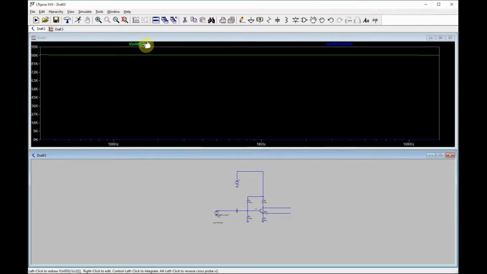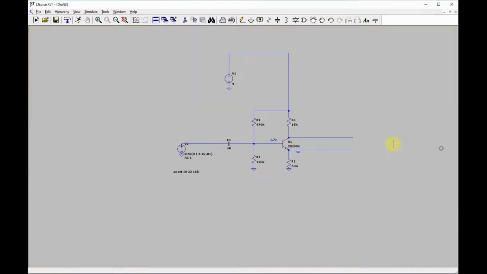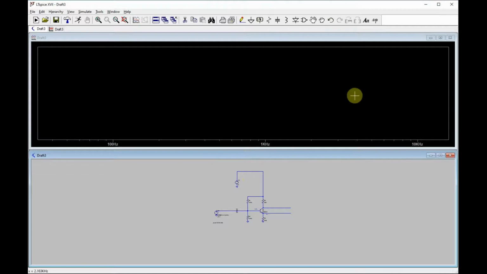We'll delete this one and zoom to fit. Yeah, no, I don't think that worked. But anyways, we can tell that the gain is right. I don't think we need to go through that.